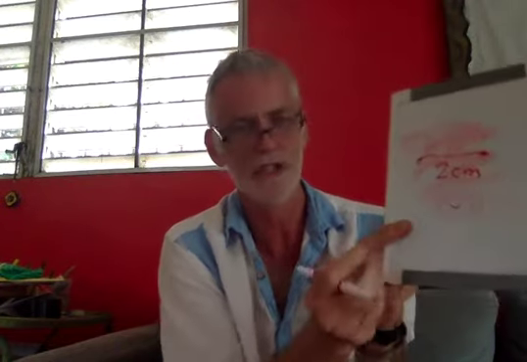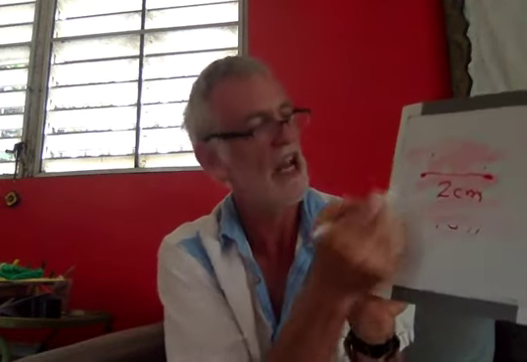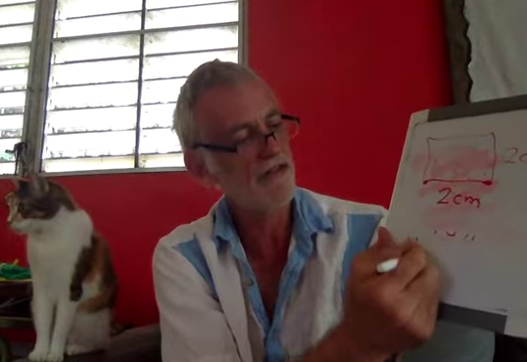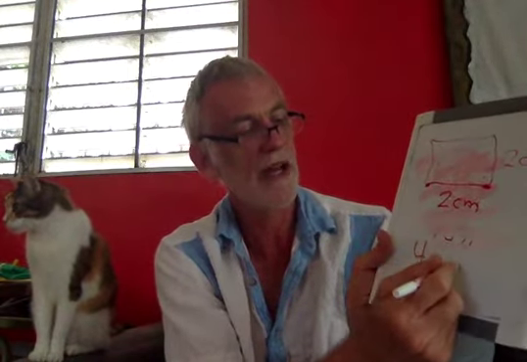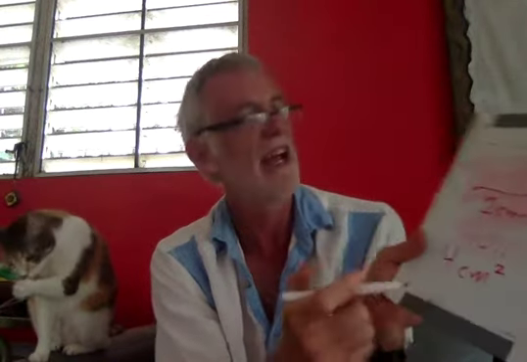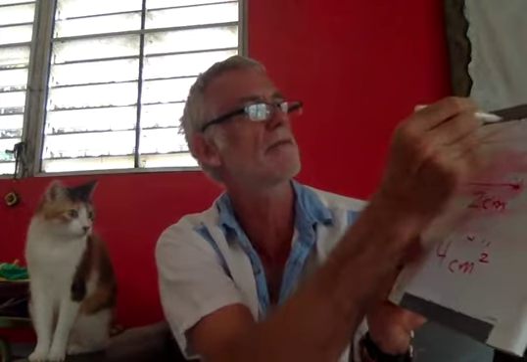Okay, from here to here is 2 centimeters. When it is area, that's also 2 centimeters. What do we do to make area? We multiply this times this, and that would be 4 square centimeters. Let's get that little 2 there. And now we're going to do volume.